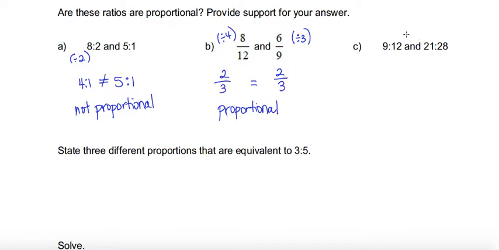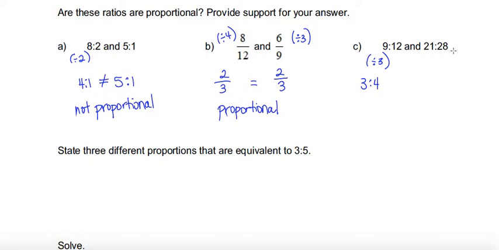And the last example that we're going to take a look at, we have 9 to 12. So we're going to start with this first ratio. Both of these terms can be divided by 3. So 9 divided by 3 is 3. And 12 divided by 3 is 4. So that's good. So we have this in lowest terms. And now we're going to take a look at our second ratio, which is 21 to 28.